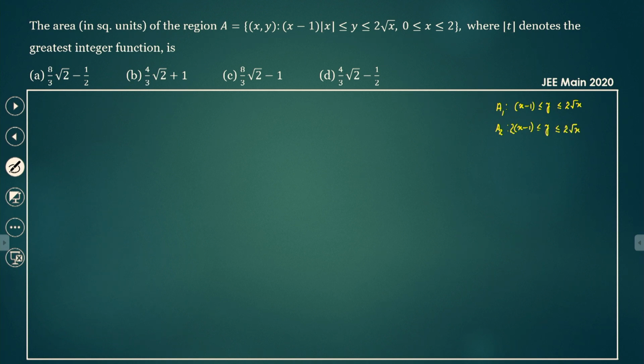In the first case x belongs to the interval 0 to 1, and in the second case x belongs to the interval 1 to 2.